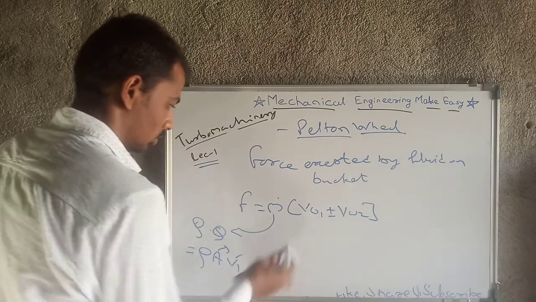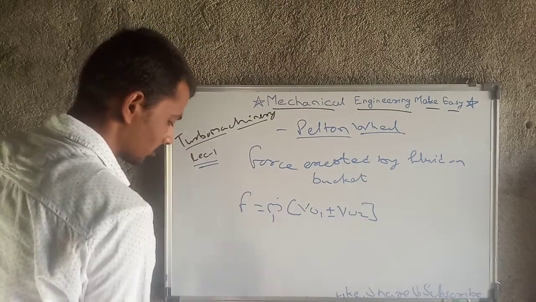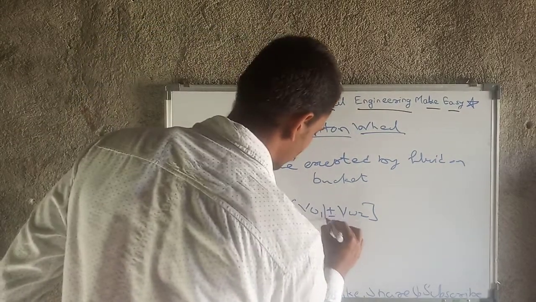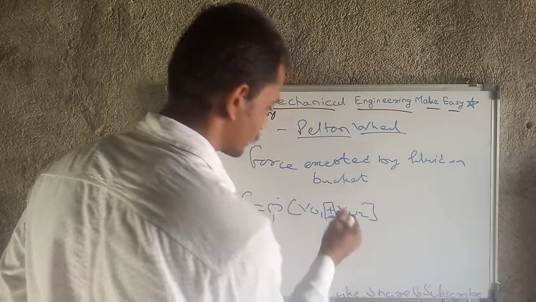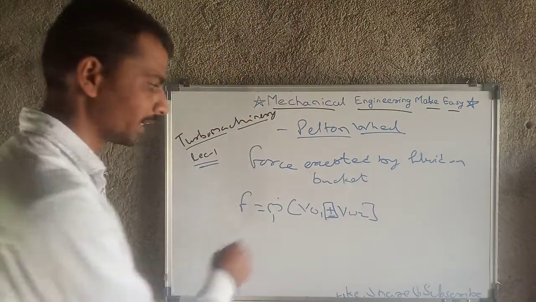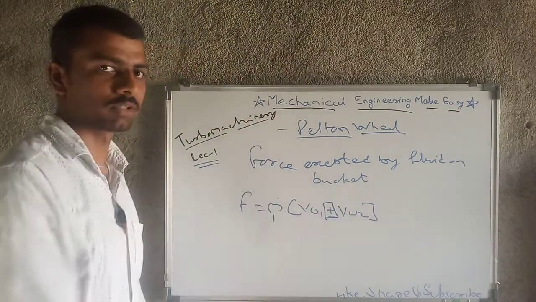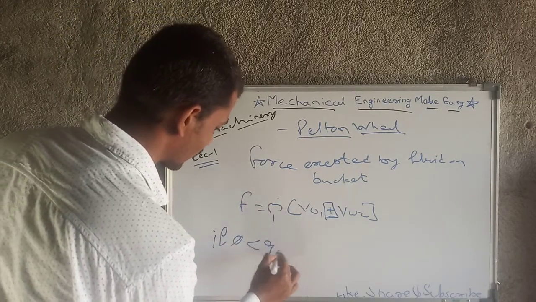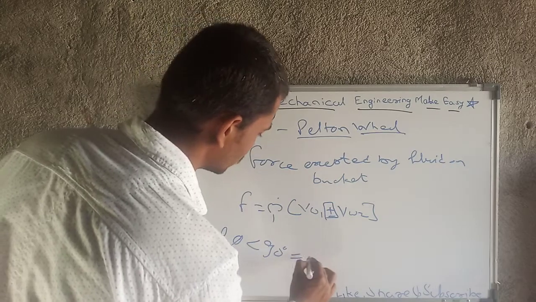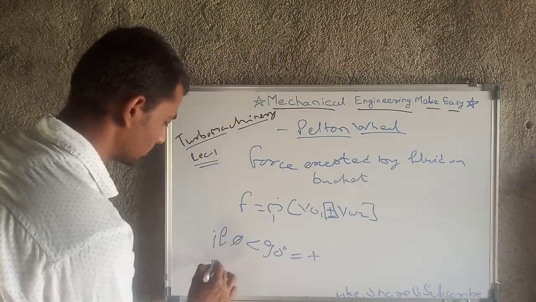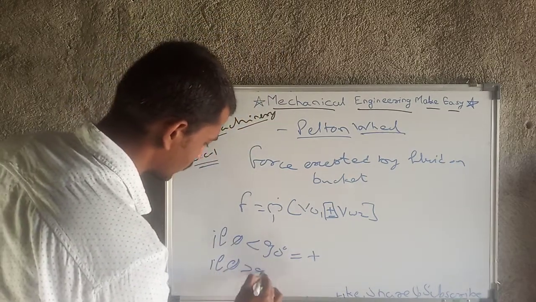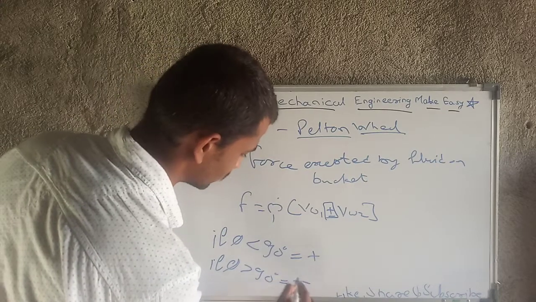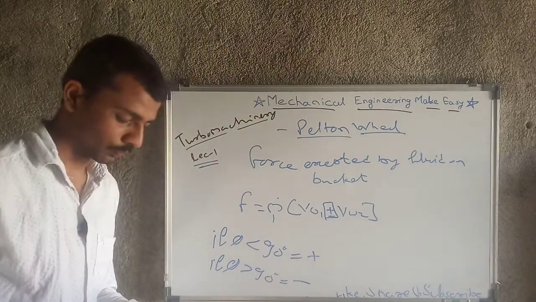These are all the parameters. The next point is the sign. As we have given two signs here, plus and minus, when will the sign be plus and when minus? If phi is less than 90 degrees, the sign will be positive, and if phi is greater than 90 degrees, then the sign will be negative.